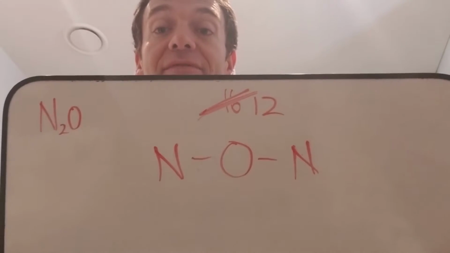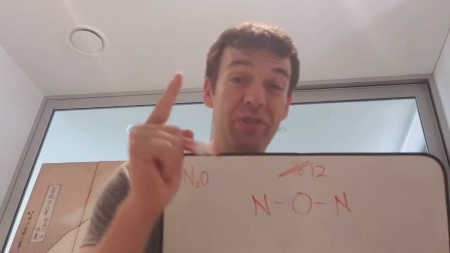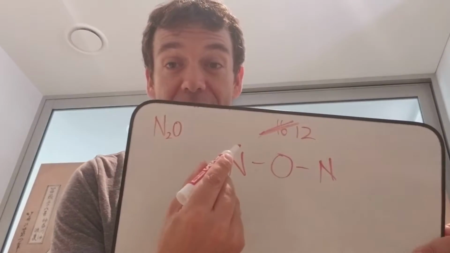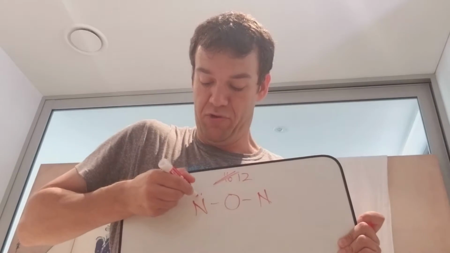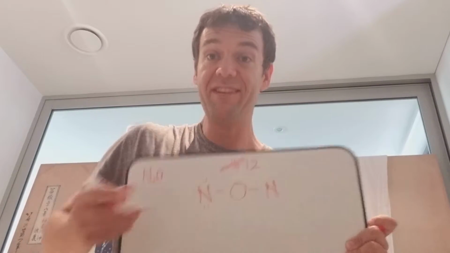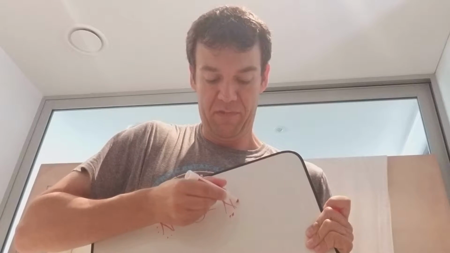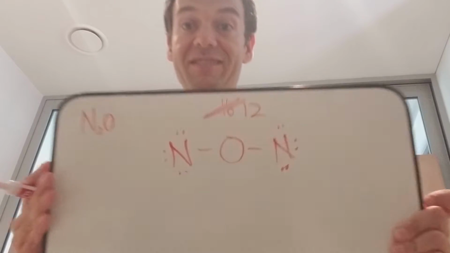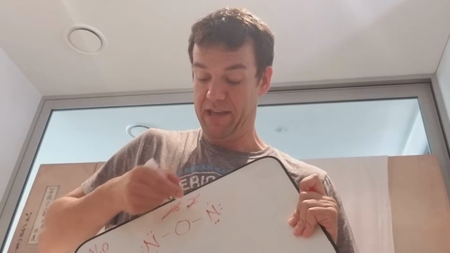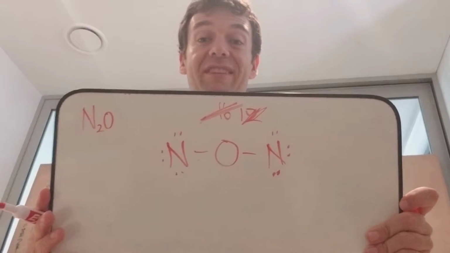I've got 12 left. Well, where do those 12 go? We've got to make sure the outside guys are happy first, so that means the nitrogens. So 1, 2, 3, 4, 5, 6 there, 1, 2, 3, 4, 5, 6 there, a total of 12. Hey, no more valence electrons left.